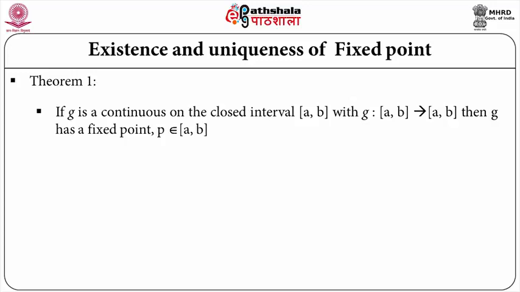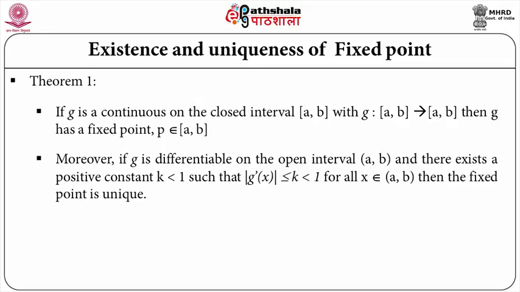The second point in this theorem tells us about the nature of the fixed point. The fixed point will be unique if G is differentiable on the open interval (a, b) and the derivative of G on the entire interval is less than or equal to a constant k which is less than 1.